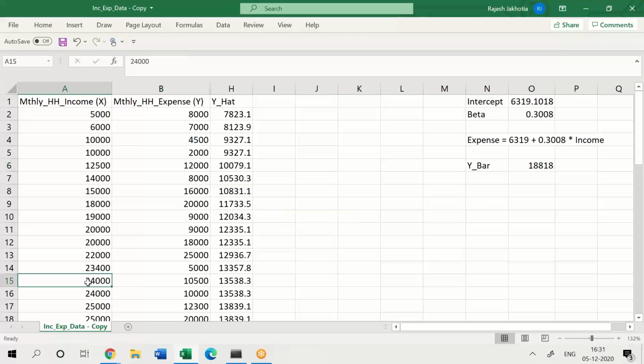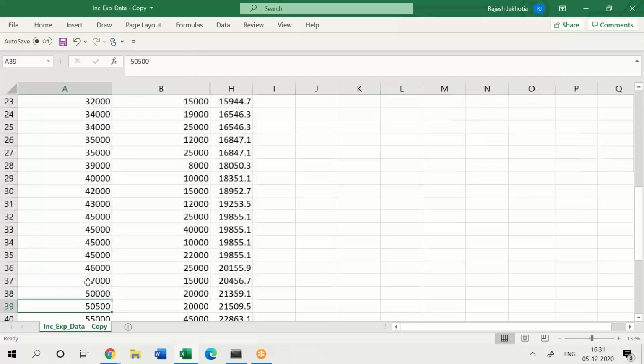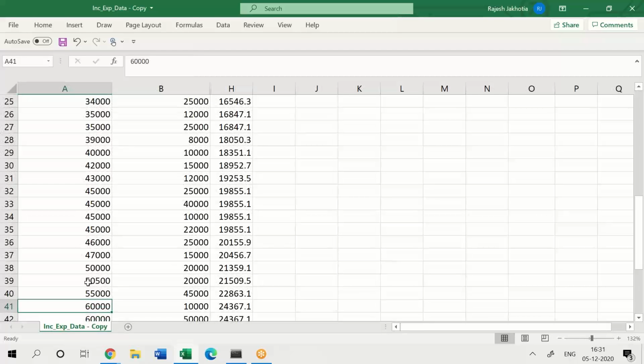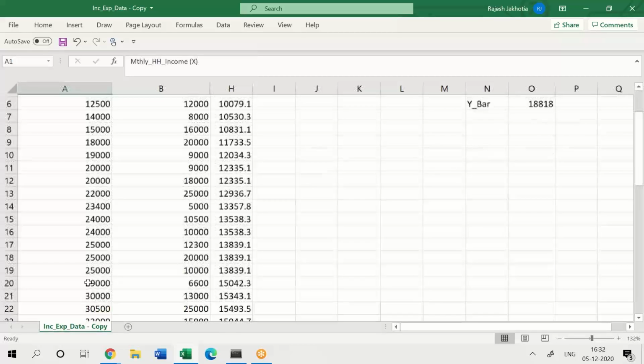This household has 24,000 as income, I don't have this information, I end up estimating 18,818. This household has 60,000 as income, I don't know this information, I end up predicting 18,818. So in absence of information, we always rely on the mean.